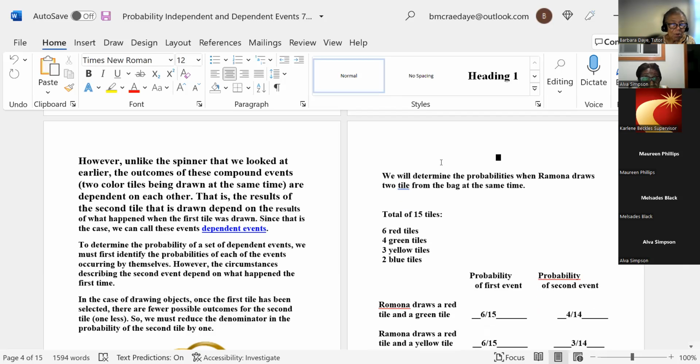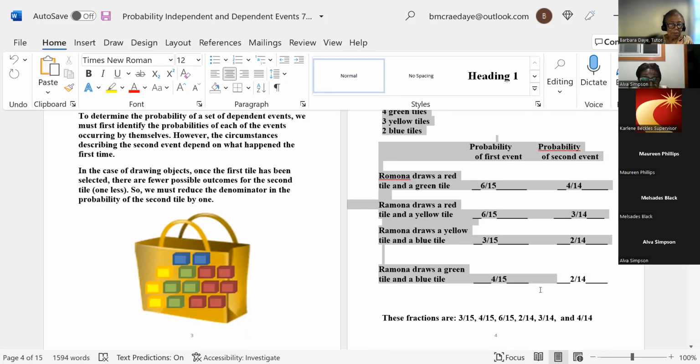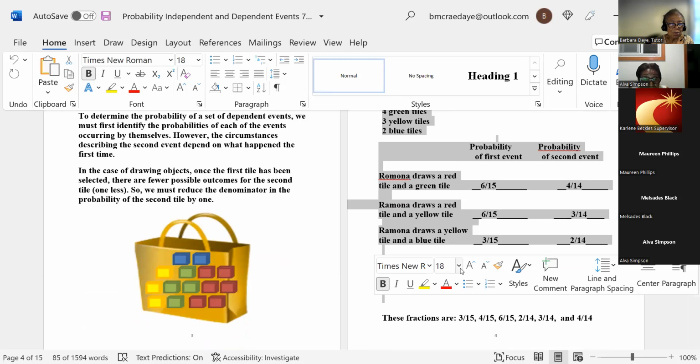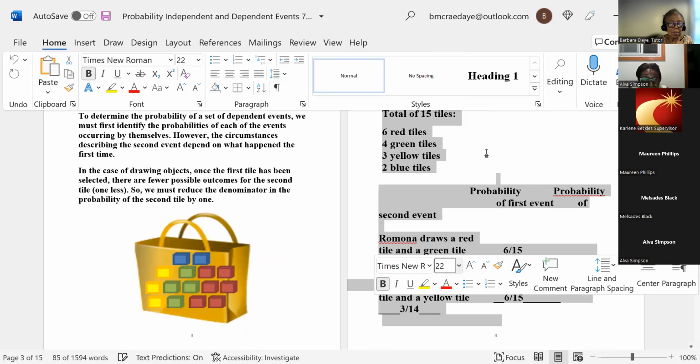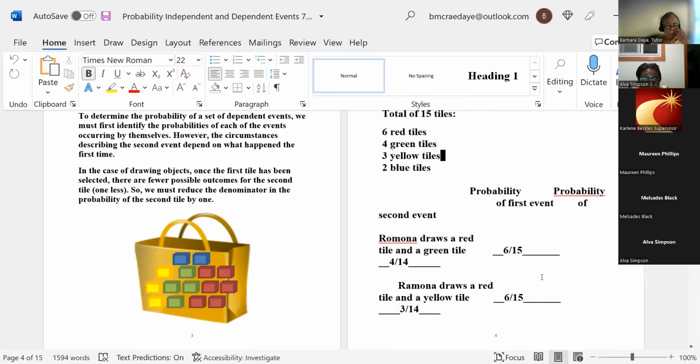Okay, so let me make this bigger and I want you to understand how you're getting these totals. The first event, the red, you have what? 6/15. But to get a green, if you take a red out, you no longer have 15, you have 14, right?